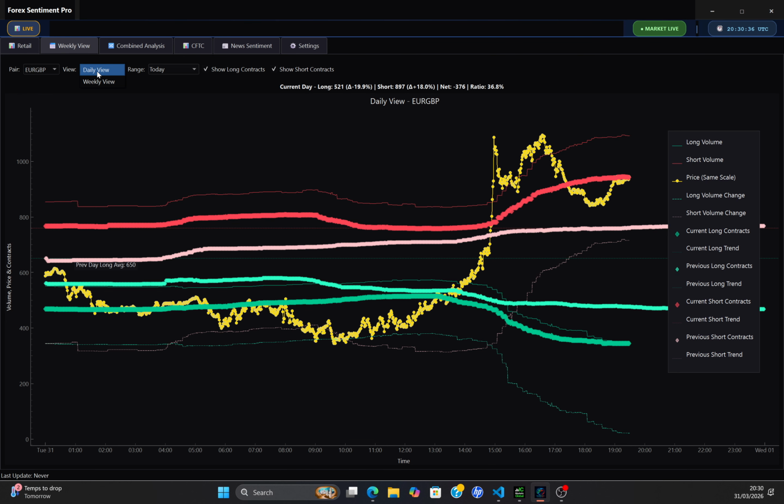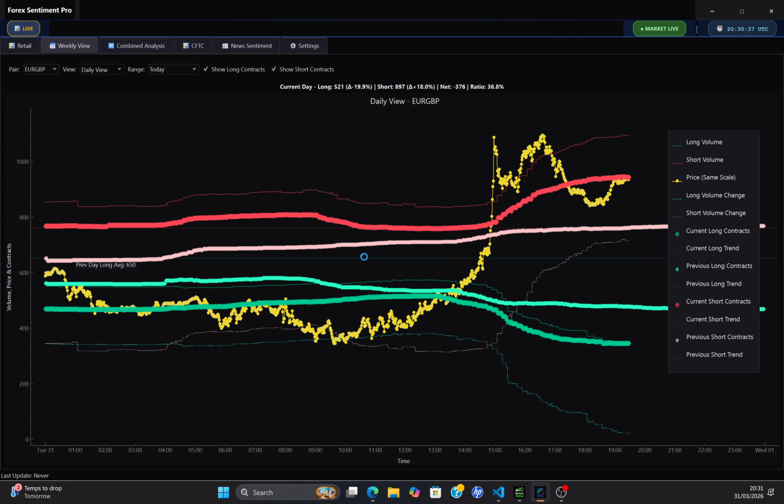If you look at the weekly view, it takes a little bit of time to load. Sometimes on the daily view, when retail traders are shifting from long to short or short to long, it looks a little bit noisy.